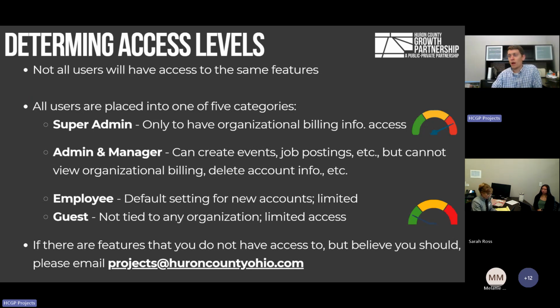We recommend that only 1 or 2 people within your organization have the super admin status, but at the end of the day, that's kind of up to you. The big difference with the super admin access is you can delete some information tied to your organization, and you can see the organizational billing information.